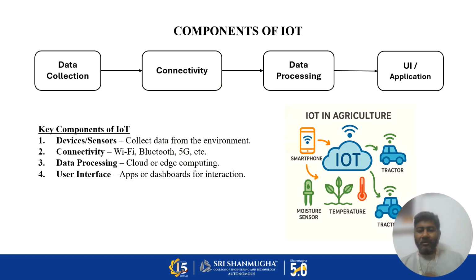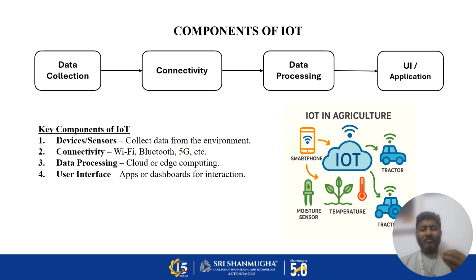Okay, so next, we'll look at the components of an IoT. What are all the components you need in an IoT and what it does? Initially you need something called data collection. Without any physical data collection, you would not have any input. So here you will have some device to collect your data.